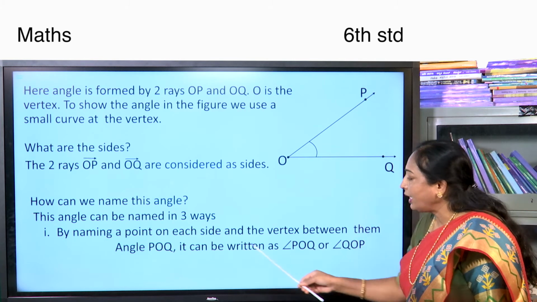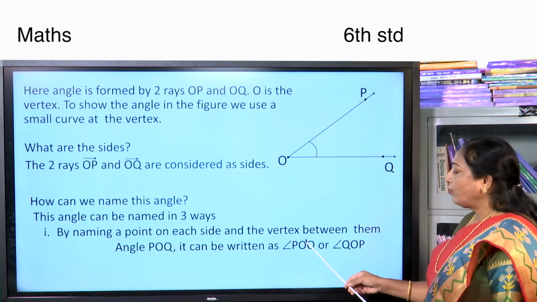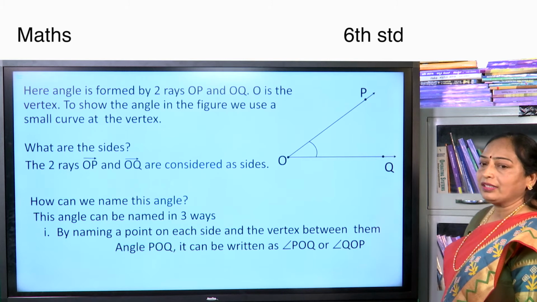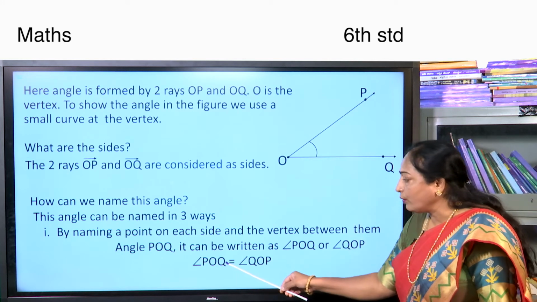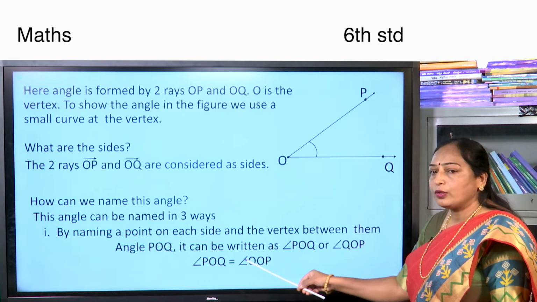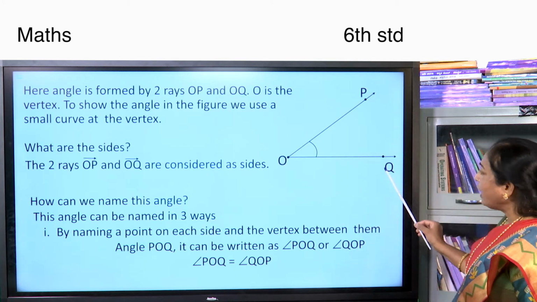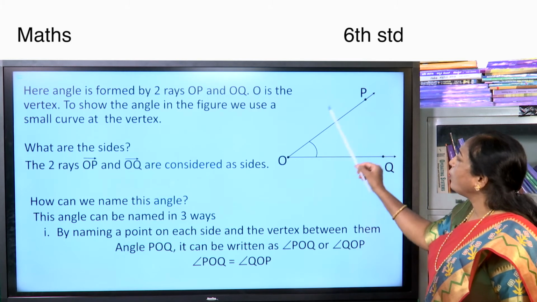It can be written as angle POQ or angle QOP. Angle POQ is the same as angle QOP.